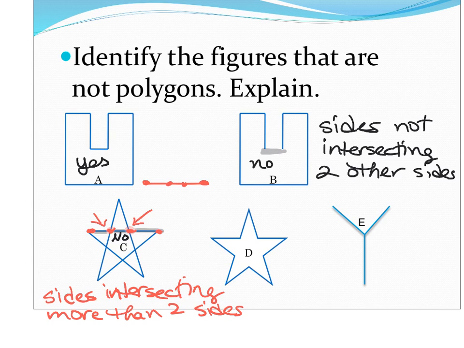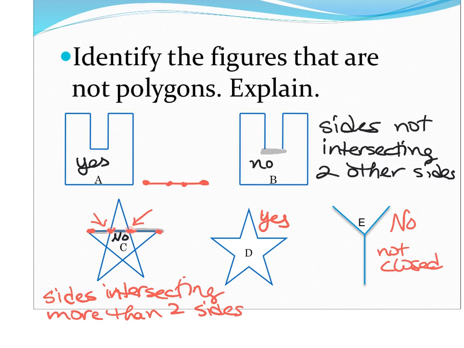Now the next one, notice nothing goes through. They're all connecting at two other sides. So figure D, yes, this one is a polygon. And then E, yeah, it's hitting all the sides, but E is not a polygon because it's not closed.